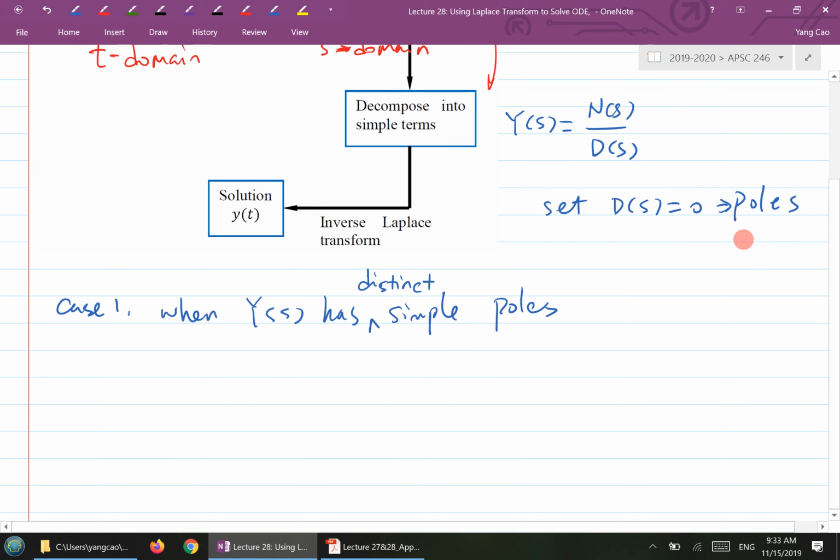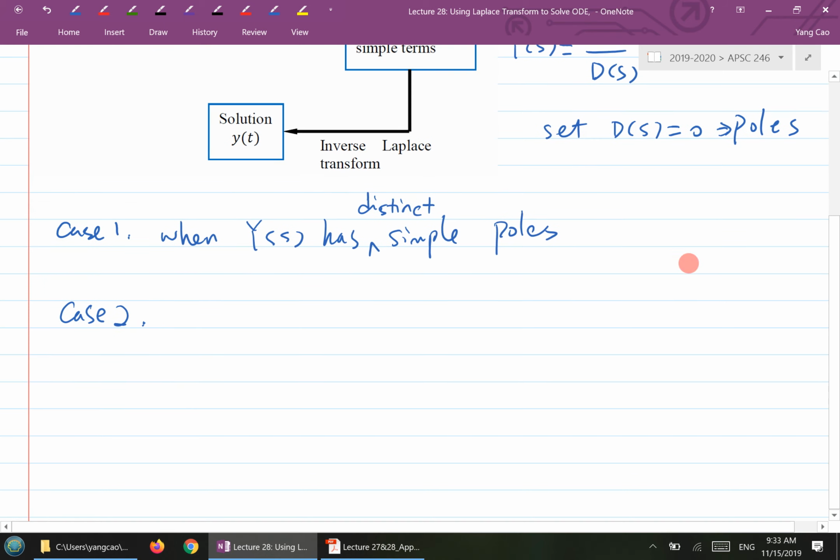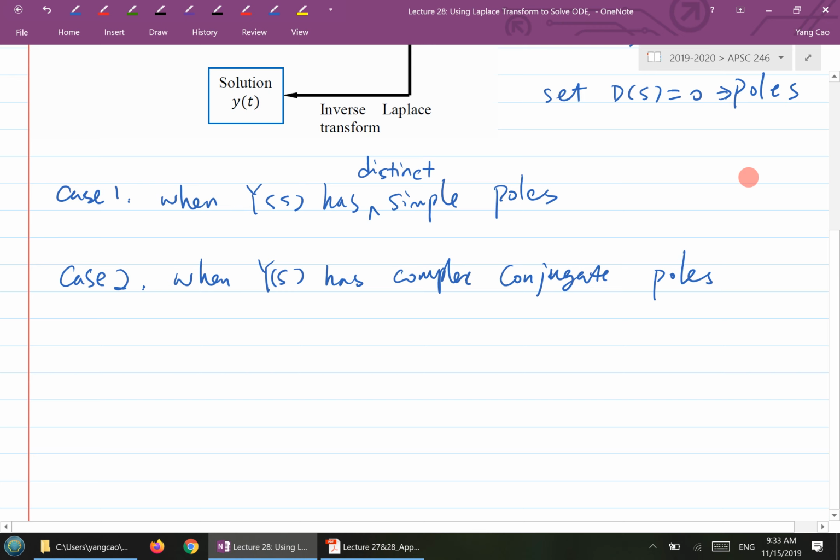When Y(s) has distinct simple poles, then you have a very simple way of partial fraction expansion to get the simplest format. The second one is the one that we didn't quite finish. The second case is when Y(s) has complex conjugate poles. We did an example here.